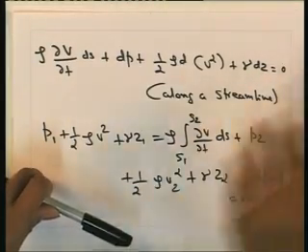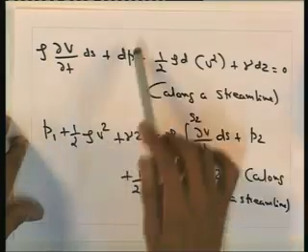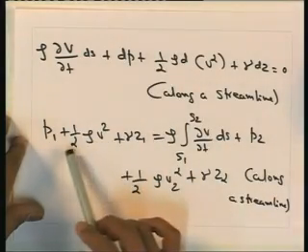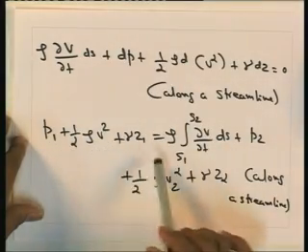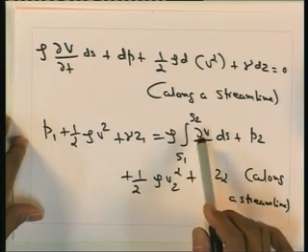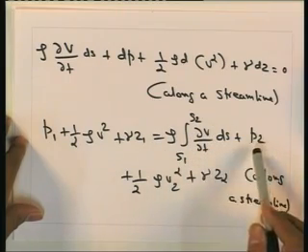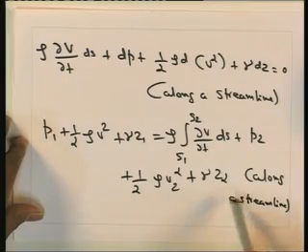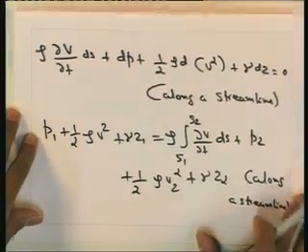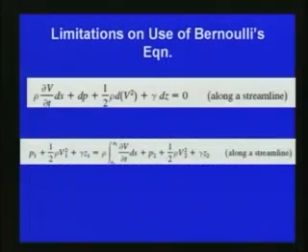We can rewrite this as P1 plus half rho V1 square plus gamma Z1 is equal to rho integral from S1 to S2 of del V by del t ds plus P2 plus half rho V2 square plus gamma Z2 along a streamline. The Bernoulli's equation which we discussed earlier is for steady state, and as shown here, we can modify it whenever we consider transient or unsteady conditions.